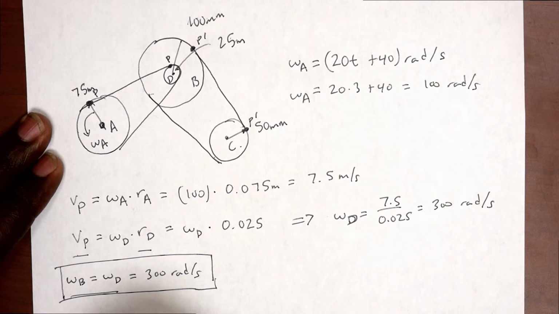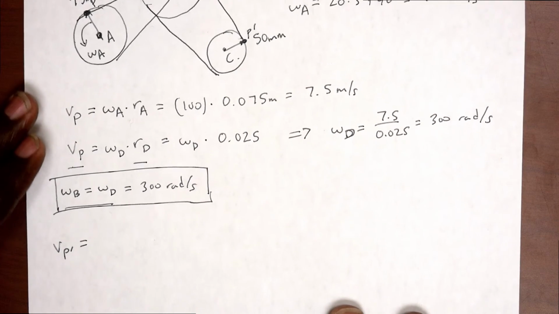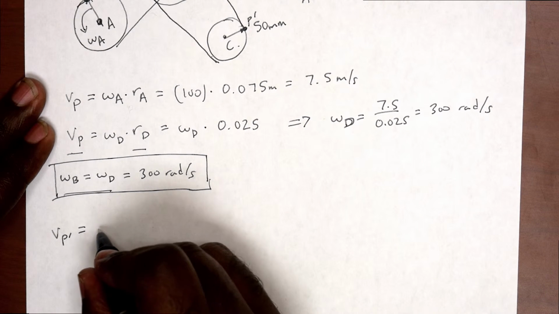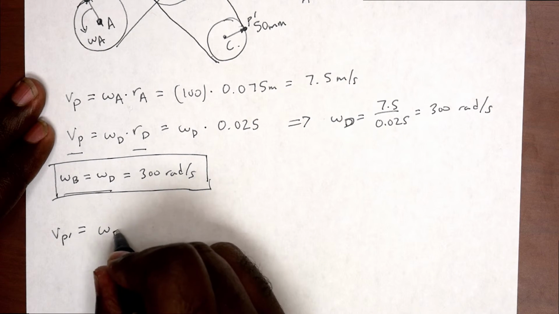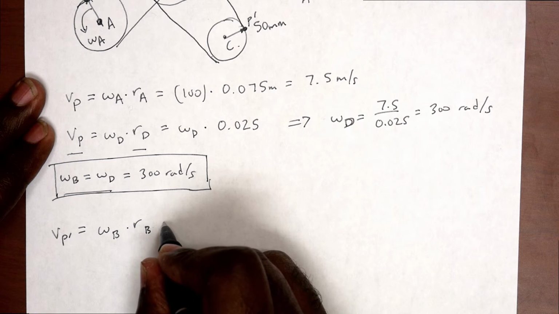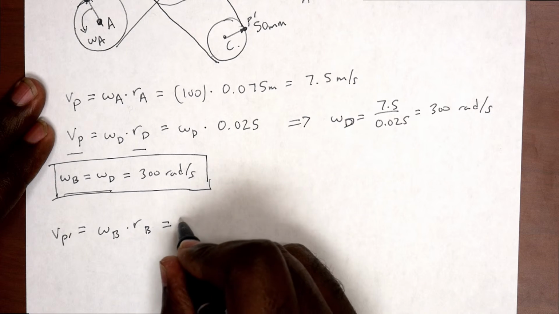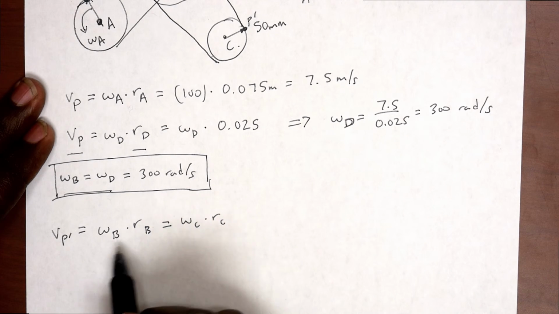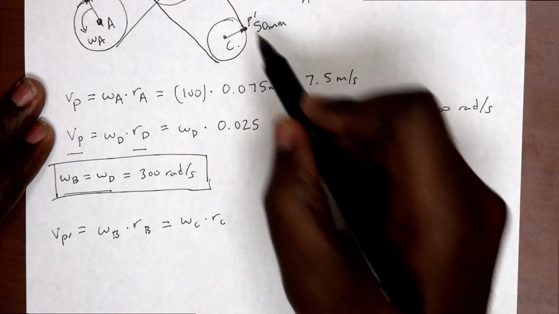So if we do the same process, we say V of P prime is equal to omega B dot RB. And let's go ahead and move forward and say that that's equivalent to omega C times RC. So those are the two relationships for those 2 points.